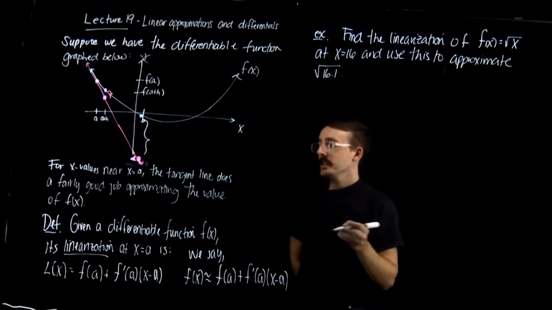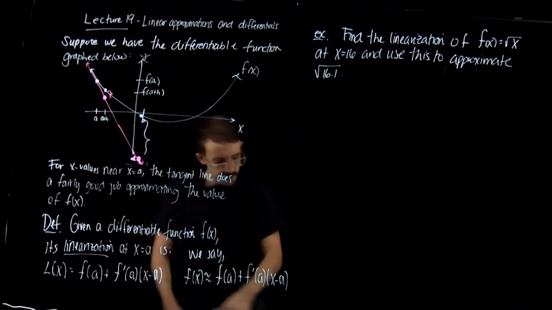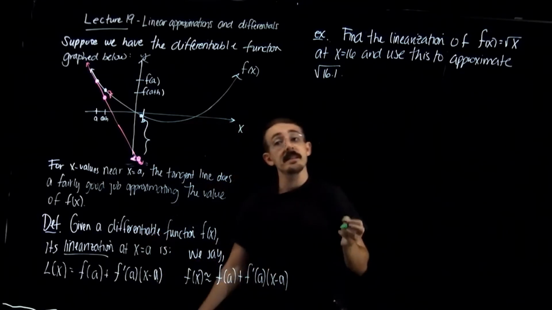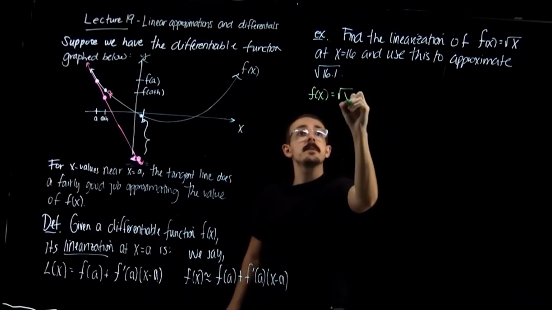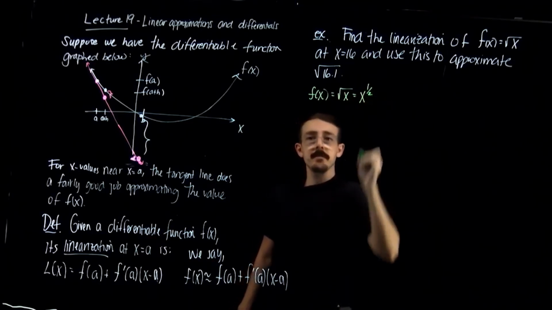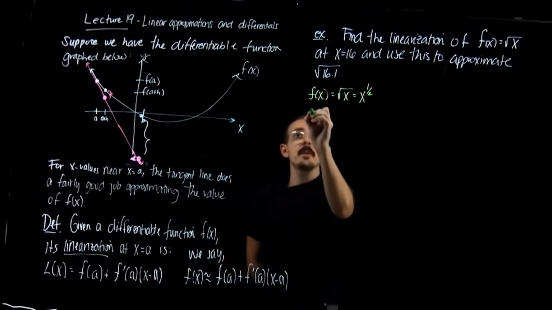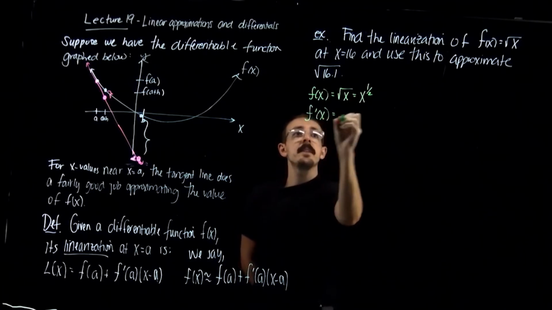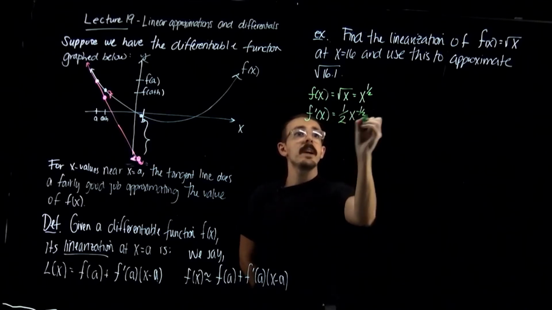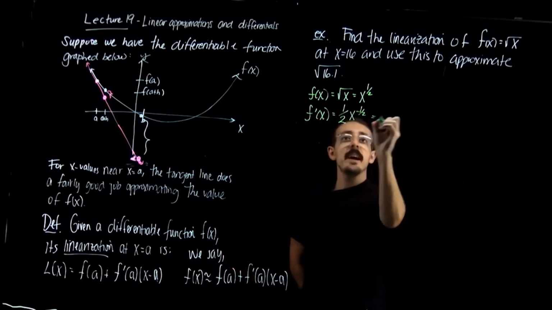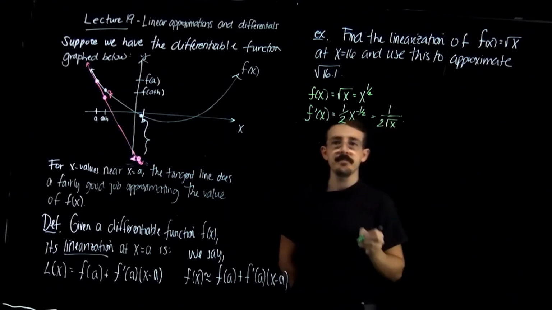Okay, so let's go ahead and write down everything I need. So let me change colors here. First things first, I'm going to write down what the original f of x is. So in this case, f of x is the square root of x, which is the same thing as x to the 1/2 power. In the formula for the linearization, I'm also going to need the derivative. So I'm going to write that down. So the derivative of this is just a power rule. So bring the 1/2 down, and we get x to the negative 1/2 power. I can rewrite that by saying 1 over 2 radical x. So this is my derivative.